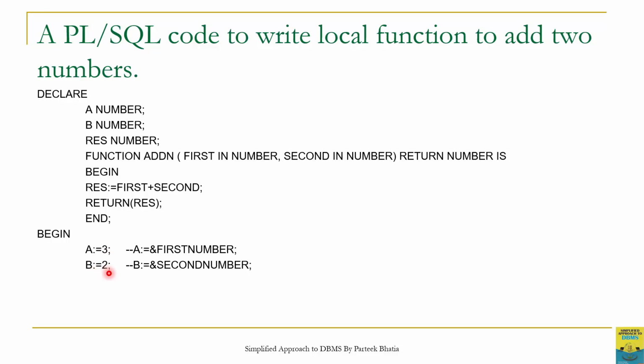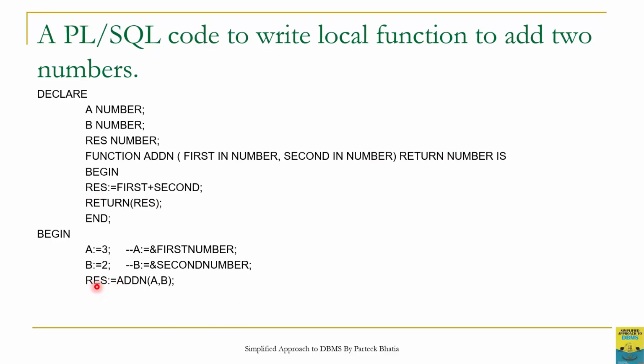Now we can call the function by using the statement res assignment operator addn a comma b. Here addn is the name of this function and we are passing the values a and b. Here a is 3 and b is 2. So this 3 will be assigned to first and 2 will be assigned to second. 3 plus 2, 5 will be stored in this res variable and this value is returned.